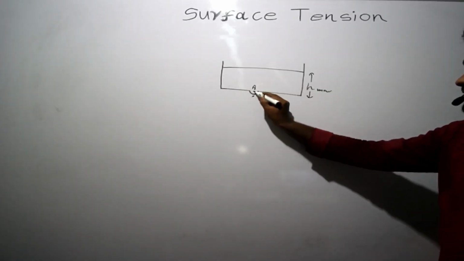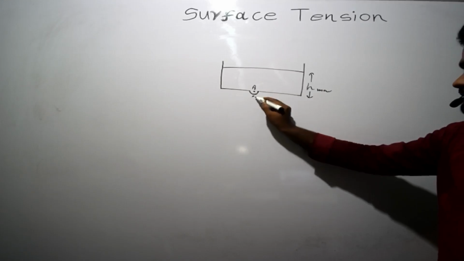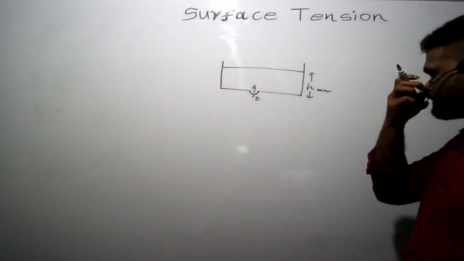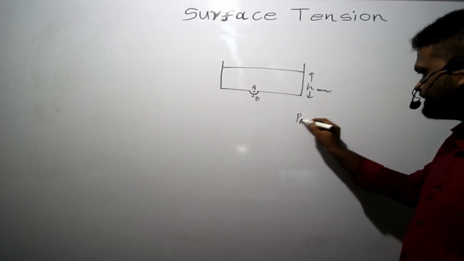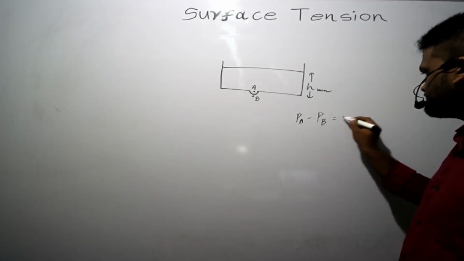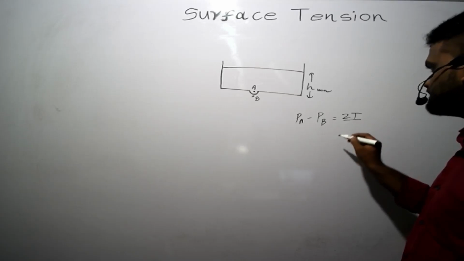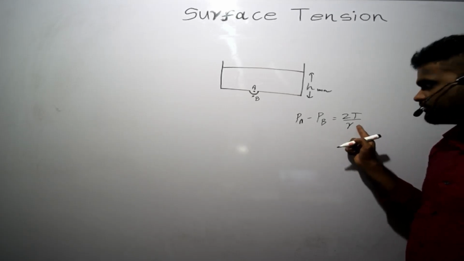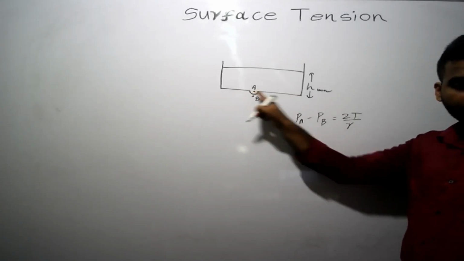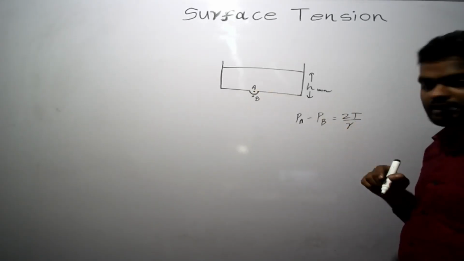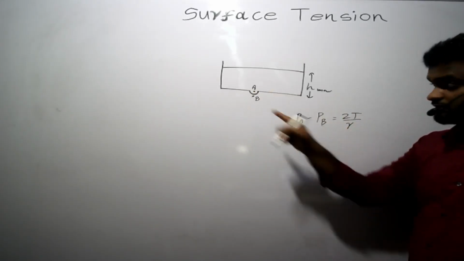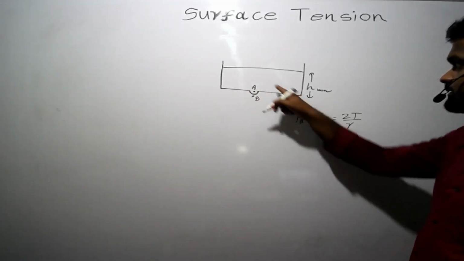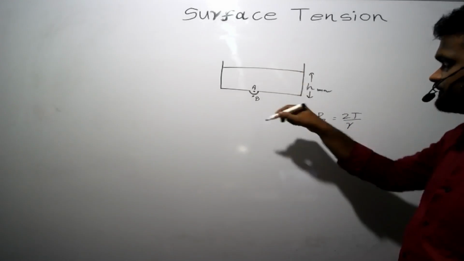Let's say this point just above the meniscus is A, below is B. So we know that PA minus PB is equal to 2T divided by simple r. We don't need cos phi because this is a hemispherical shape, right? So it is just 2T divided by simple r. Phi is 0 there because hemispherical, right? So what is the way to write PA?